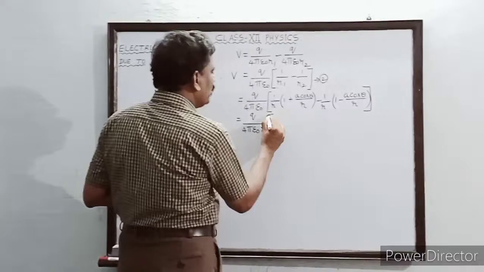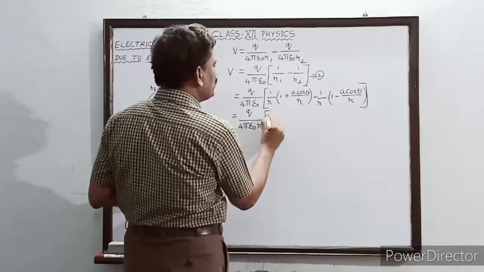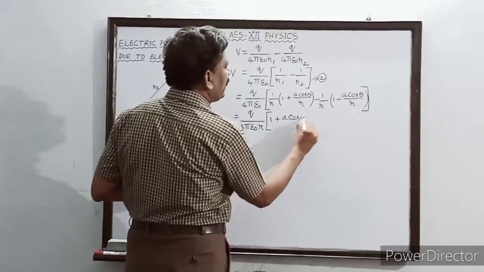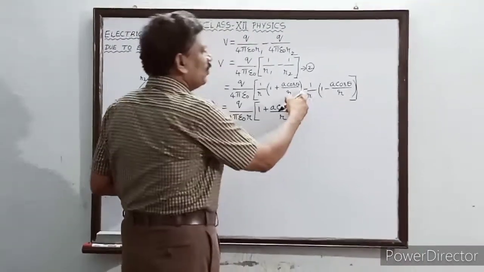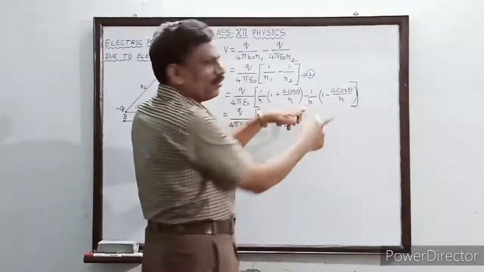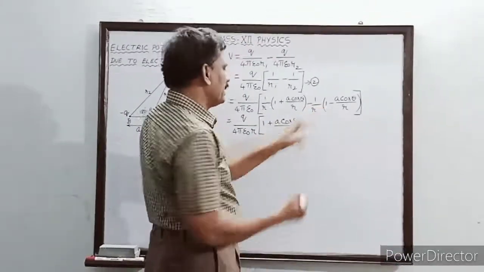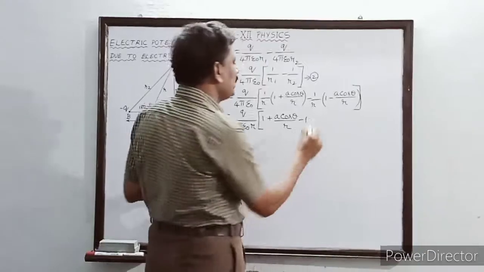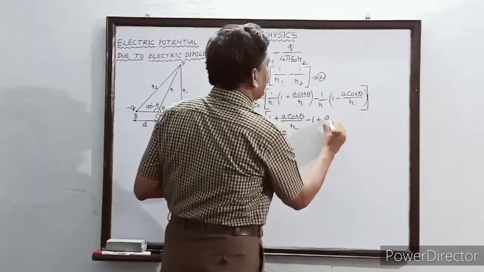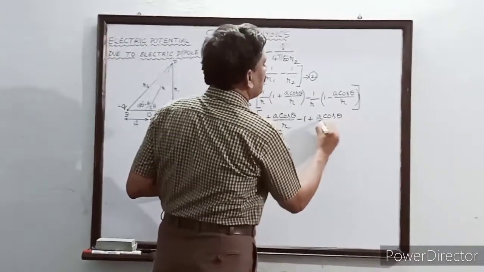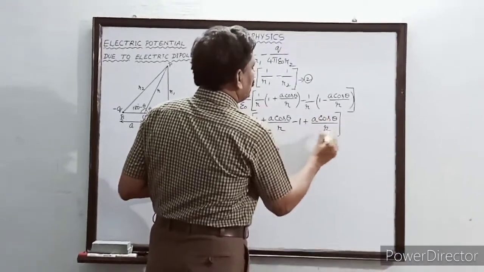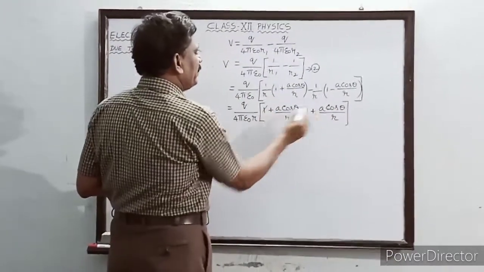Into, the first term is 1 plus A cos theta by R. Now, open the bracket. We have taken 1 by R out already. So, minus 1. Then minus of minus will become what? Plus. So, this is plus A cos theta divided by R. And 1 minus 1 can be cancelled.